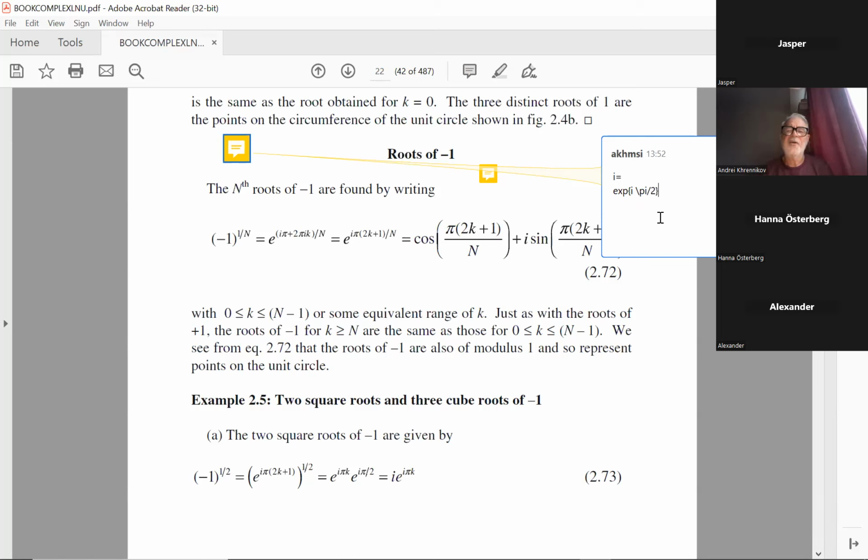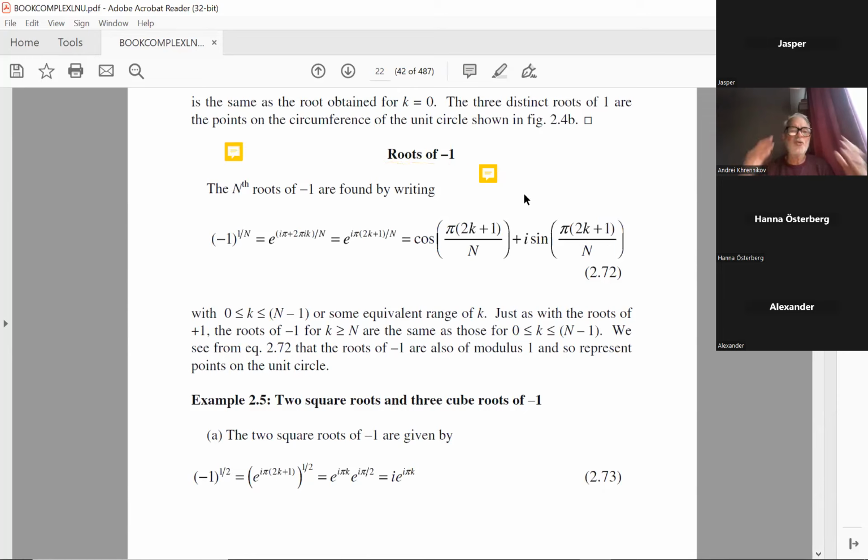So this is I. Now, you can also write minus pi; minus pi here would be 3/2 pi. So it is good to have some image of this, and know what is -1 in the exponential form, +1, I, minus I. So we write -1 in this way, this is I pi.